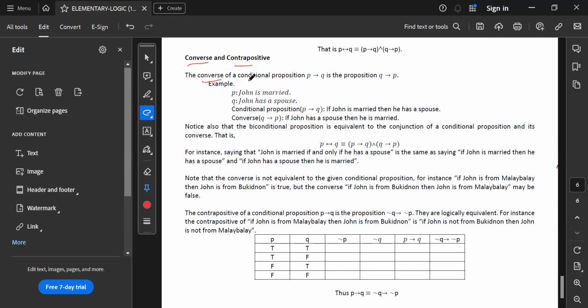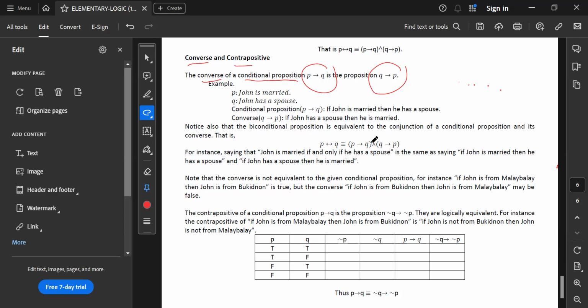So, applicable lang na siya para sa mga conditional proposition. Kung ang original statement kay P implies Q, ang iyang converse ana is Q implies P, or iyahang pabalik. So, ang converse kay not necessarily true.